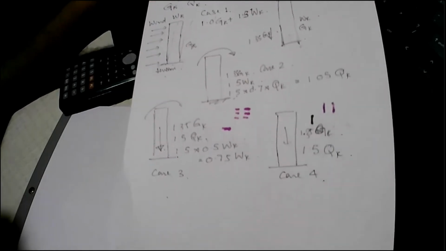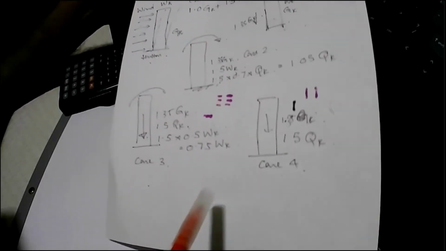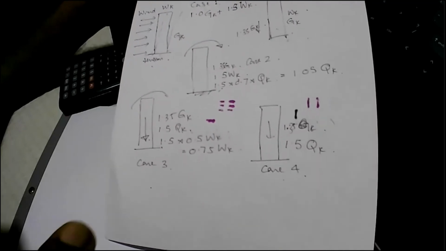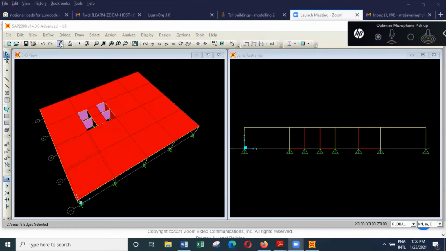So when you consider the envelope, this particular case will not be governing. But still, we consider this because sometimes we like to see the effect of dead and live loads only. When you're looking at the results, sometimes you might like to look at it, so we make use of that combination.